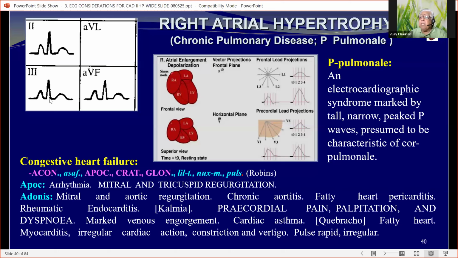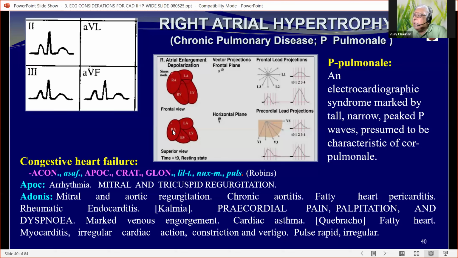We are going to see it in key leads, meaning lead 2, lead 3 and AVF. Lead 2 and lead 3 are bipolar. AVF is unipolar.